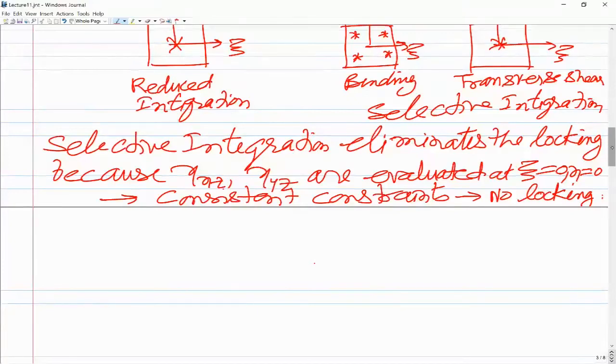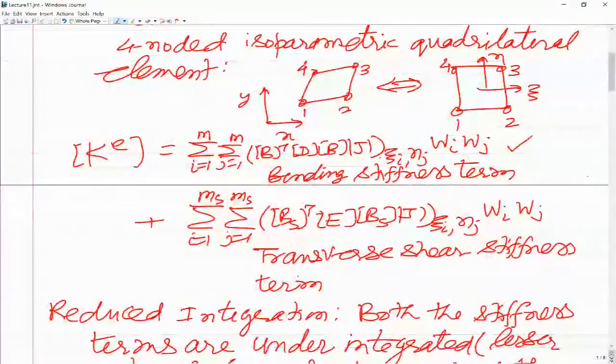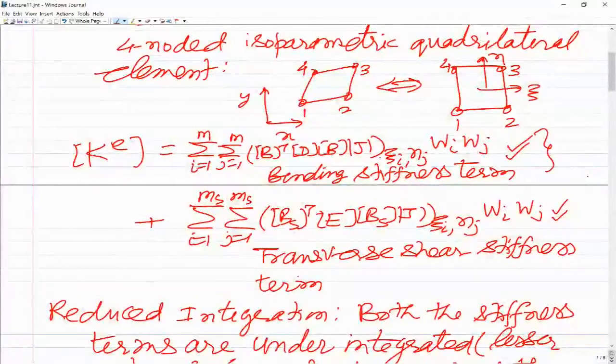Whatever we do over here, we are evaluating the stiffness matrix by converting the integration into summation. So we are doing this summation, which is equivalent to integration. Now, in selective integration, we are evaluating this term for the four nodal element using 2 by 2 integration, 2 points in xi direction, 2 points in eta direction. Whereas this transverse shear stiffness term is evaluated using only one integration point along xi and eta.